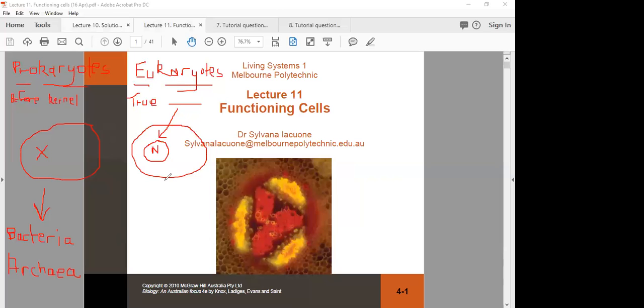And what about eukaryotes? What groups of organisms are eukaryotic organisms? Plants. Animals, correct. Animals, they're all made of eukaryotic cells. What about fungi? Fungi are also eukaryotes.